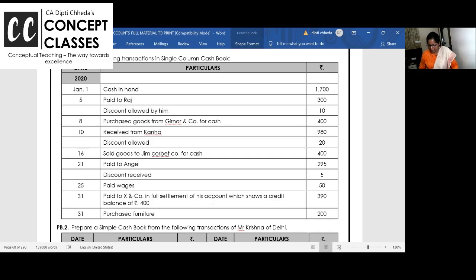What is the closing balance you all have got for the cash account for the very first problem? Yeah, you have to make it like single column or double column. Say the double column answer, single column. Say quickly. Any entry where you were stuck up?